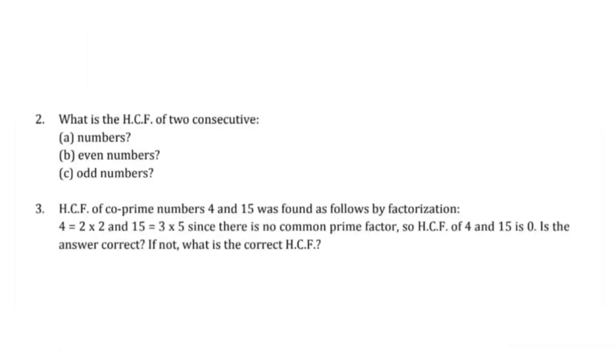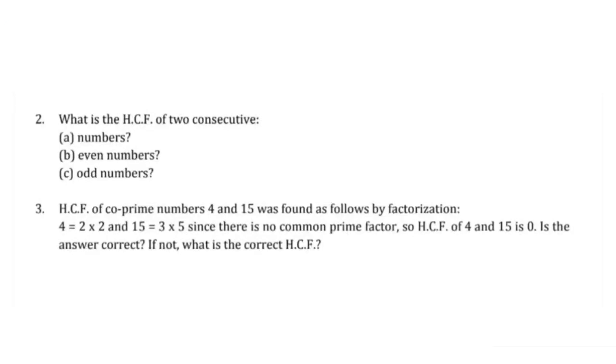Let's see number 3. HCF of co-prime numbers 4 and 15 was found as follows by factorization. 4 is equal to 2 into 2 and 15 is equal to 3 into 5. Since there is no common prime factor, so HCF of 4 and 15 is 0. Is the answer correct?